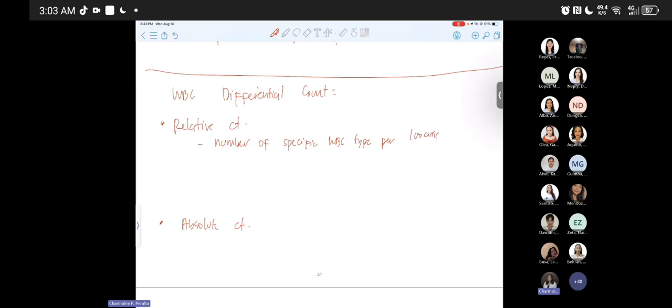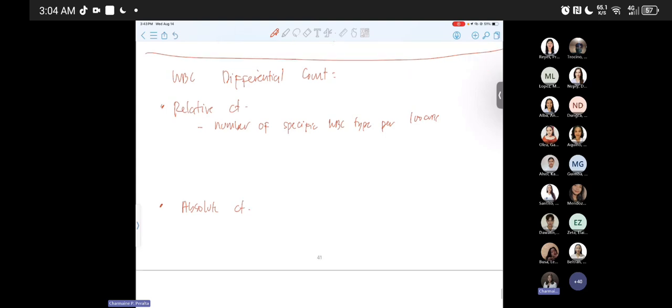So for example, ano yung percent ng neutrophil? 50 to 70. Ano yung percent ng lymphocyte? 25 to 33. Ito yung actual na result ninyo sa differential counting. Yun yung relative count. It reflects the number of specific WBC type per 100 WBCs. Ang pinagkaiba, si absolute count.